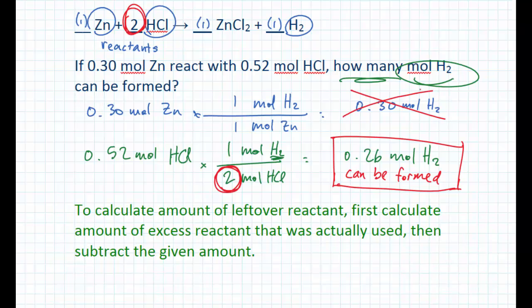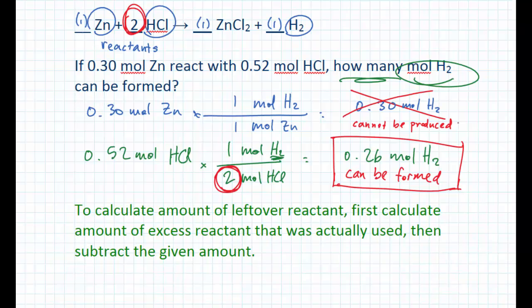So let's write cannot be produced here. I think it's a great habit to get into. When you identify a limiting reactant, put a box around the answer that you actually can produce. Cross out the other one, because that is meaningless to us at this point anyway, in this problem. That will prevent you from trying to do wacky things with that 0.30 answer, and so on.